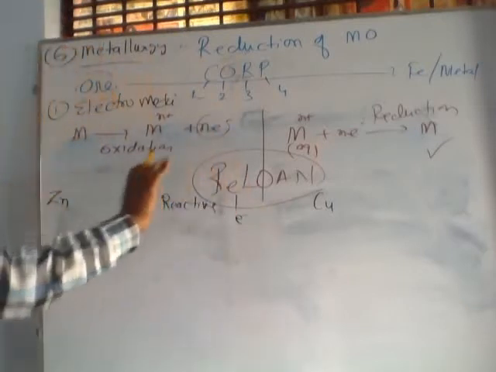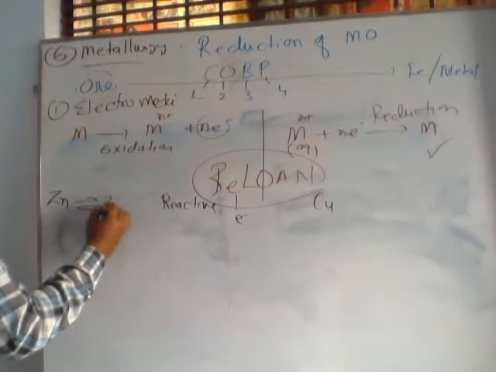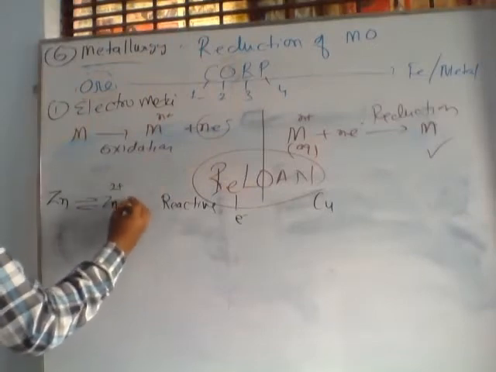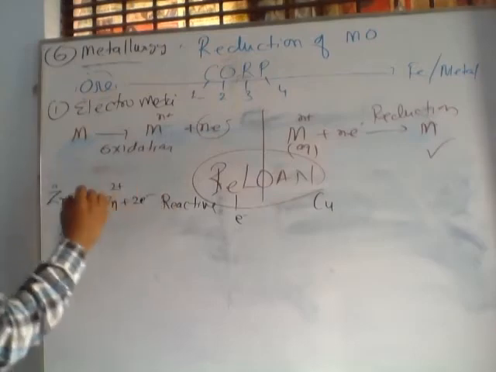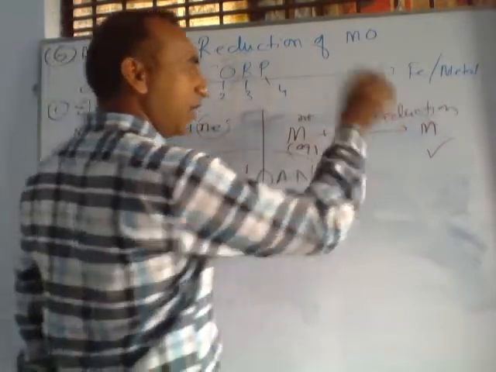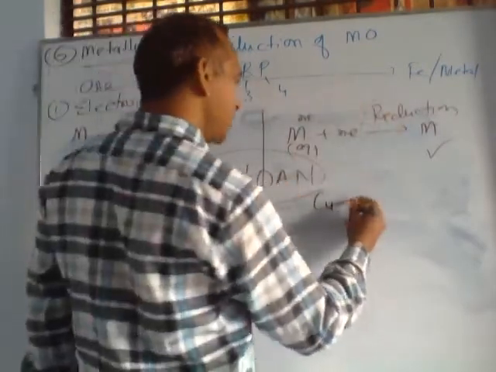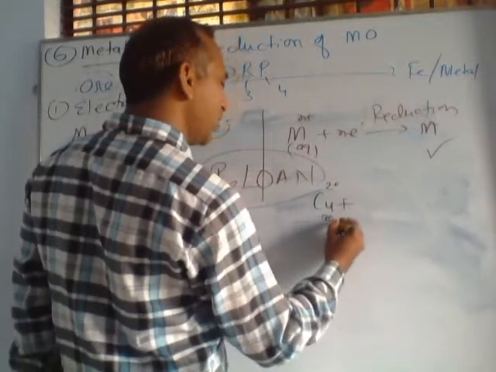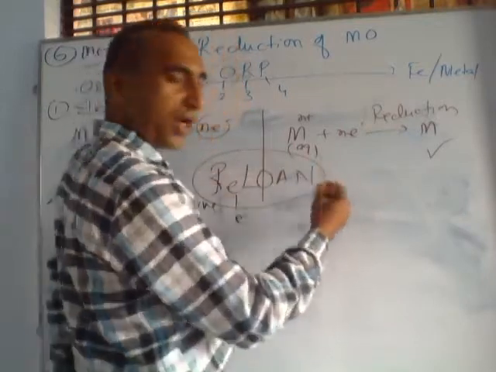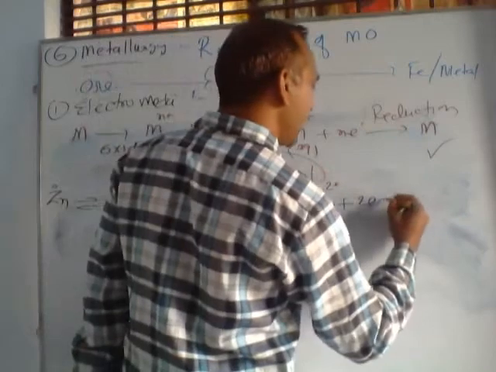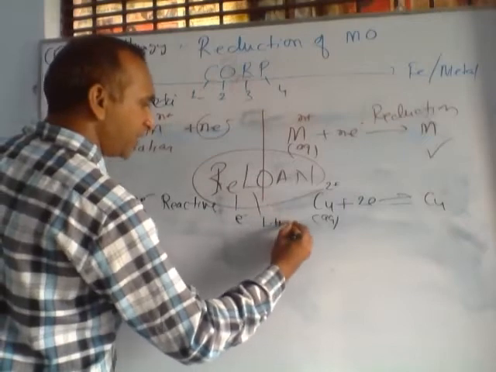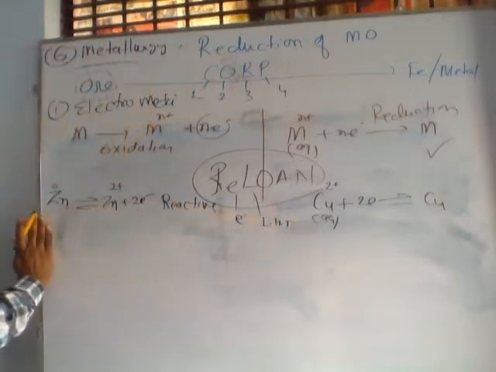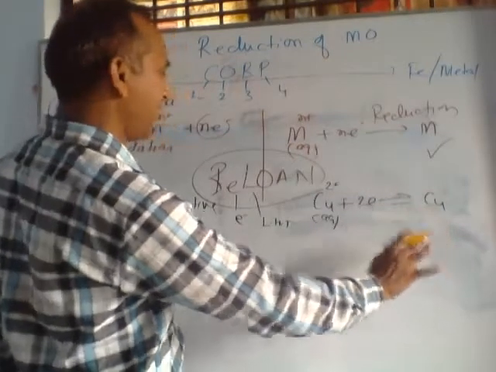From zinc, 2 electrons will be removed and zinc will convert into zinc 2 plus. And here the opposite reaction takes place: from the aqueous solution, copper ion will get electrons and give copper. L means left hand side; this reaction is written on the left hand side and this on the right hand side.